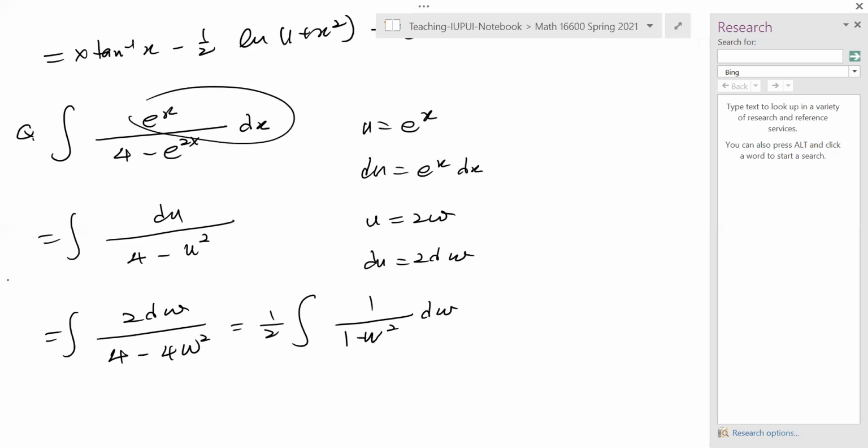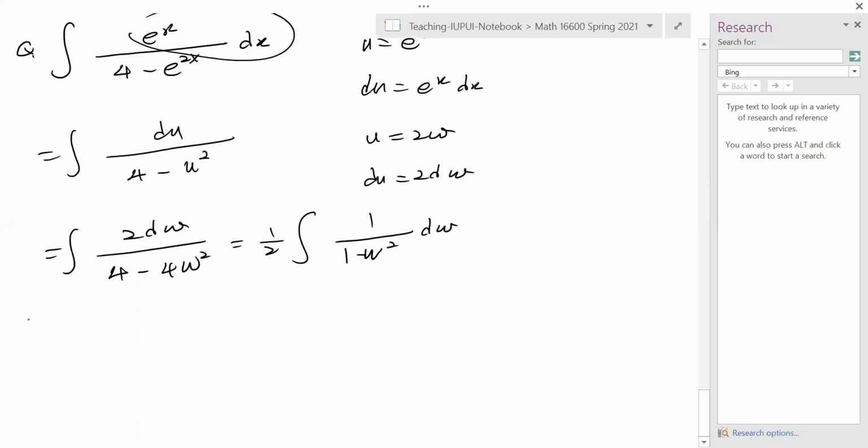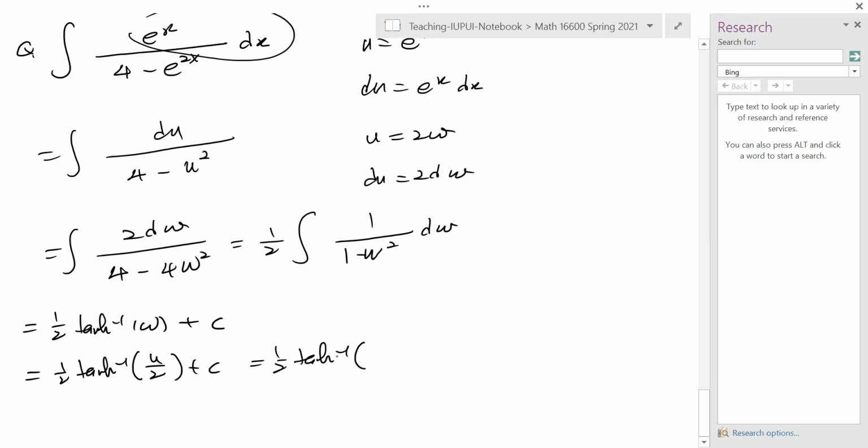So this is given in the derivatives. Okay, that's it. Then you replace w by half of u. Then you replace half of u by e to the x. So that is the answer.